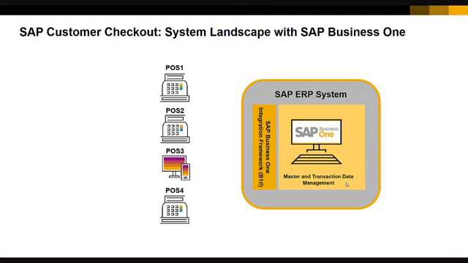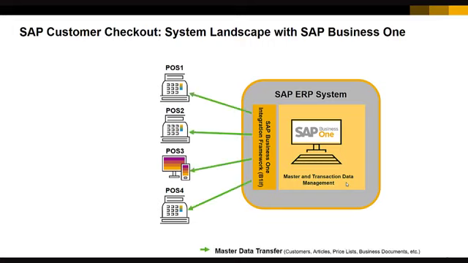Each customer checkout pulls master data from SAP Business One and stores it locally in customer checkout. Master data like customers, articles, price list, special price, period volume discount, time based discount. All this information is fetched from Business One and stored locally in each of the SAP customer checkout.